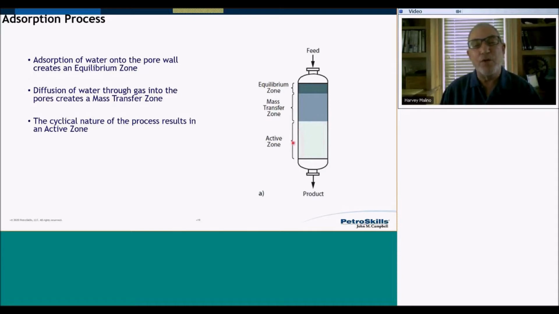You're always going to have some active zone that will allow you to achieve the lifetime that you want the sieve to achieve. Typical lifetimes range anywhere from 3 to 5 years. Let's talk now about the equilibrium zone. We'll then talk after that about the mass transfer zone and finally the active zone.